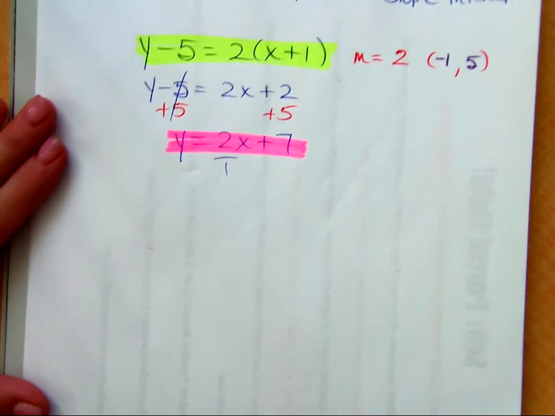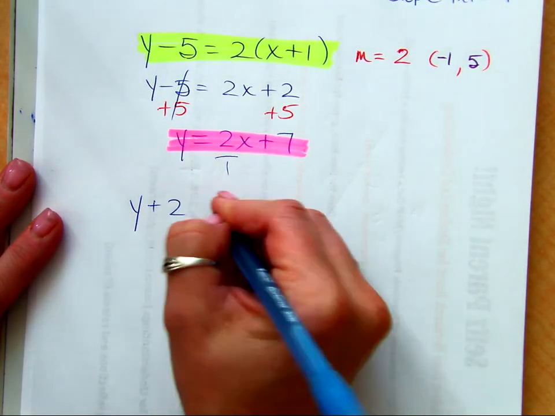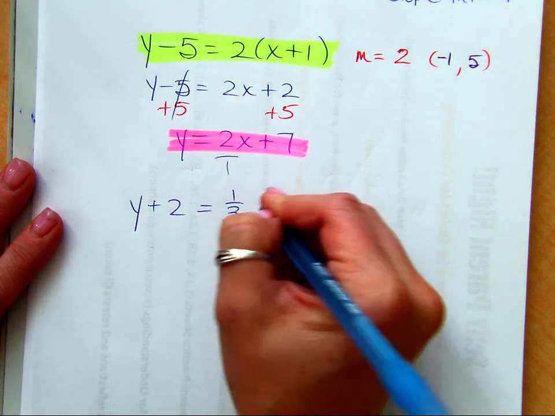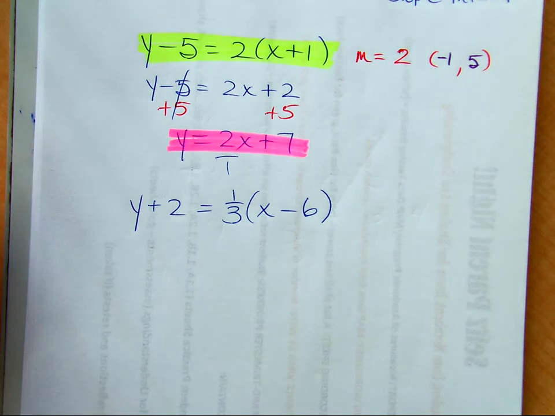All right, try this one for me. y plus 2 is equal to 1/3 times x minus 6. Go, try it. Distributing that fraction, that pesky third. Taking a third of something just means dividing it by 3. That's it.